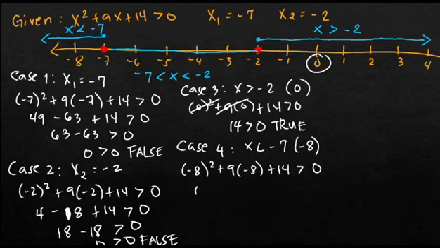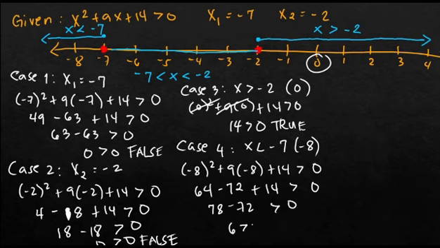Negative 8 squared is positive 64. 9 times negative 8 is negative 72 plus 14 greater than 0. So we have 64. I-add up natin yung 64 and 14. 64 plus 14 is 78 minus 72 greater than 0. 78 minus 72 is 6 greater than to 0, which is also true.